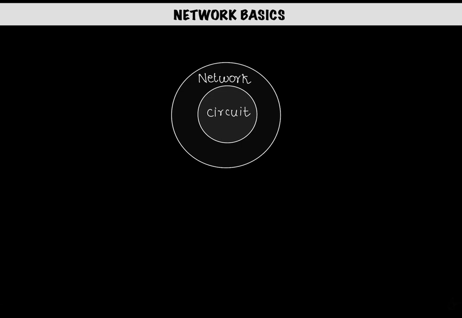From this explanation, we can understand that all circuits are networks, but not all networks are circuits. Whenever it is an interconnection of elements, it is a network. On top of it, when it has a closed path also, we term it a circuit.